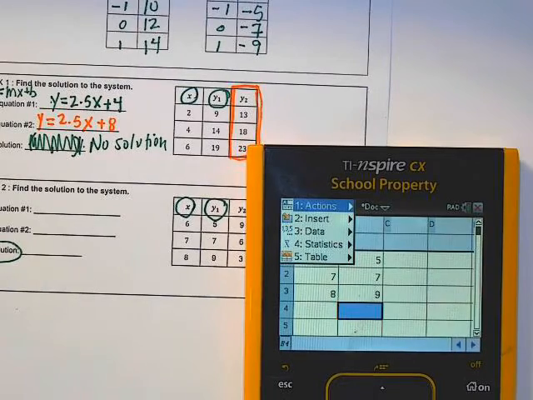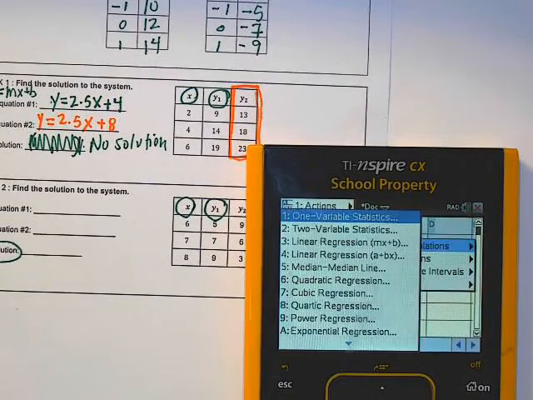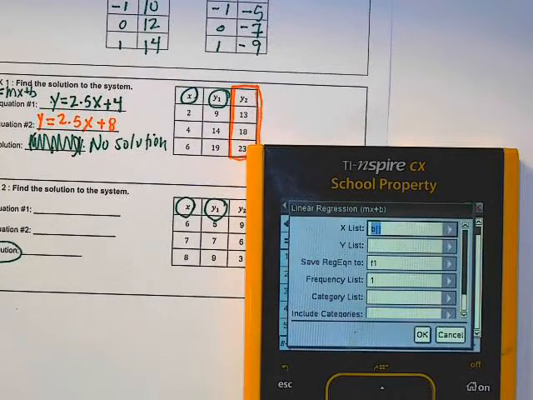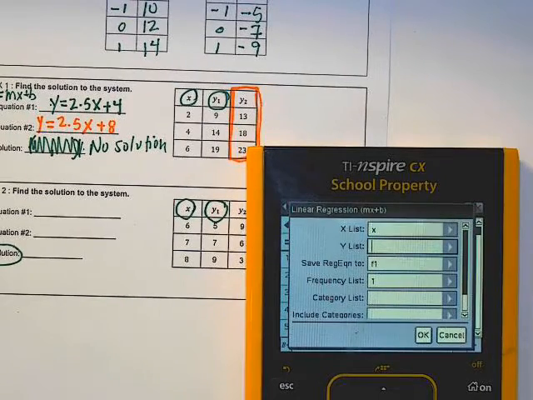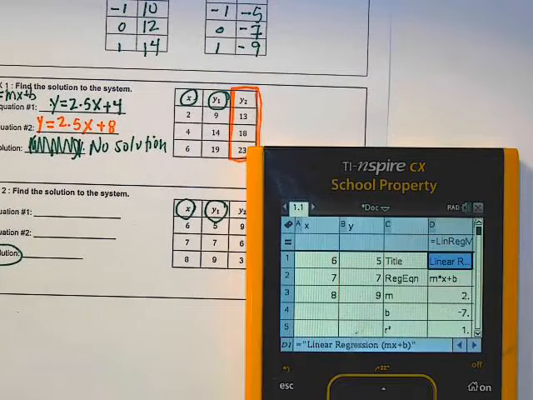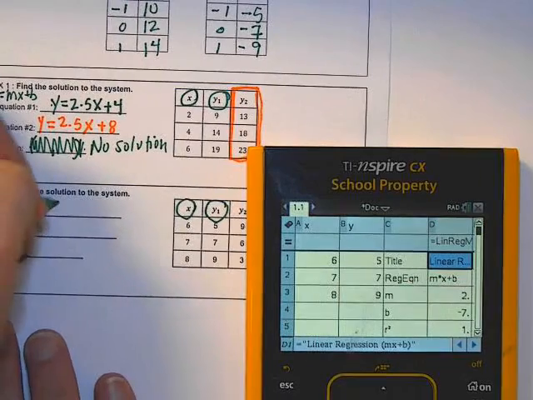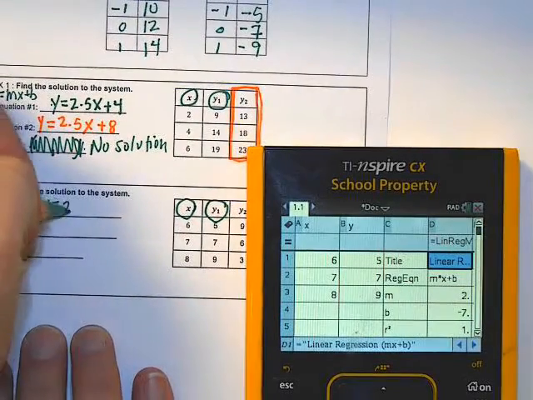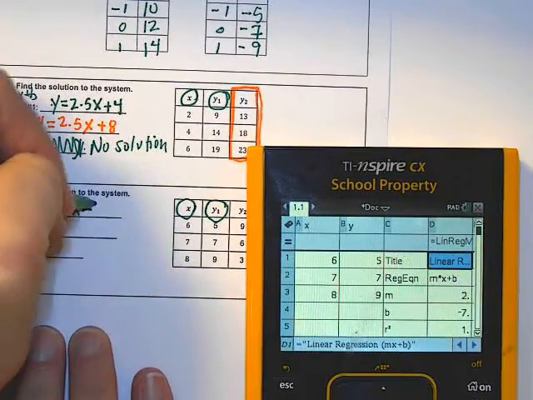Menu, 4, 1, 3. And that's plus B because I'm trying to get equations. X list X, Y list Y. Enter. Okay, I got my M and B, so I'm ready to put that as an equation. Y equals my M, 2x, my B, minus 7.